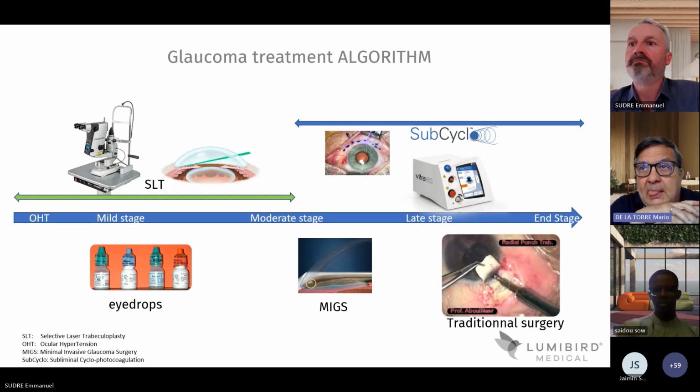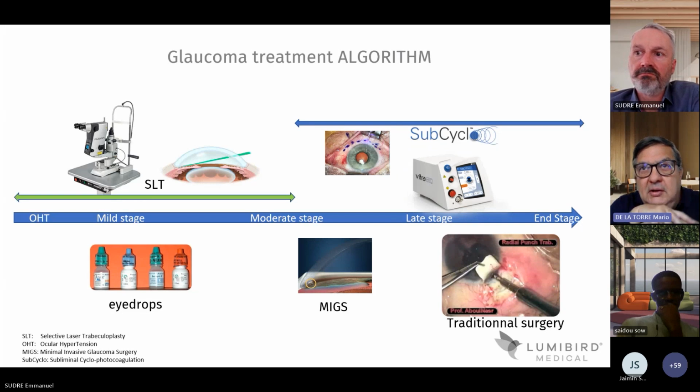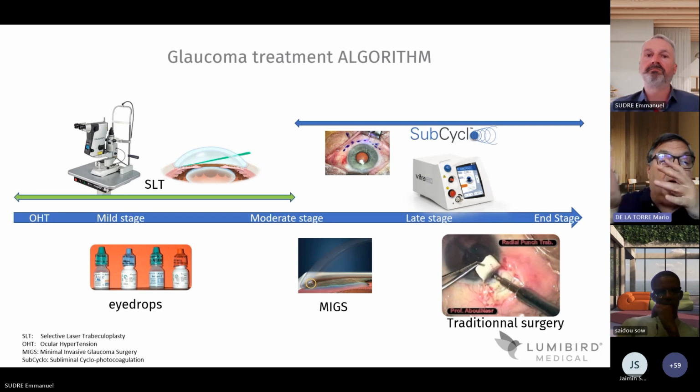This is no problem. If you receive a patient, you use drops or you use SLT. But to tell you the truth, if the patient has had a filtration surgery, my next step is a valve, Ahmed or whatever.